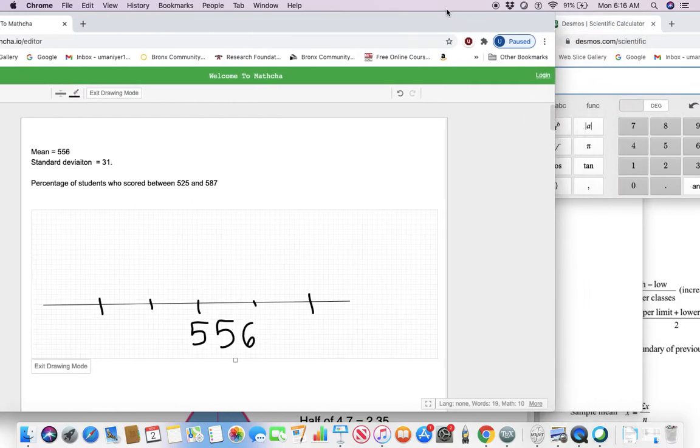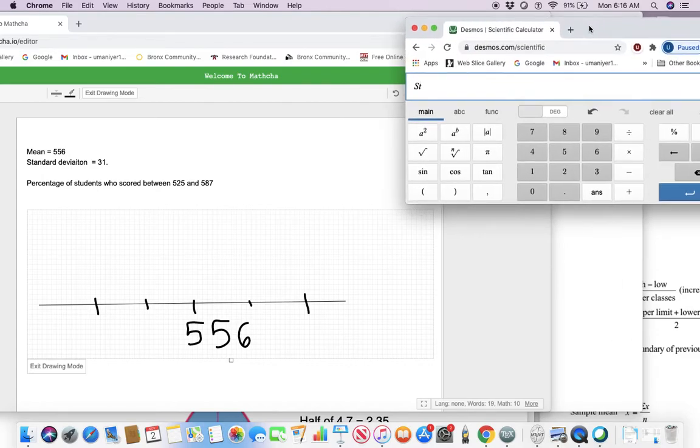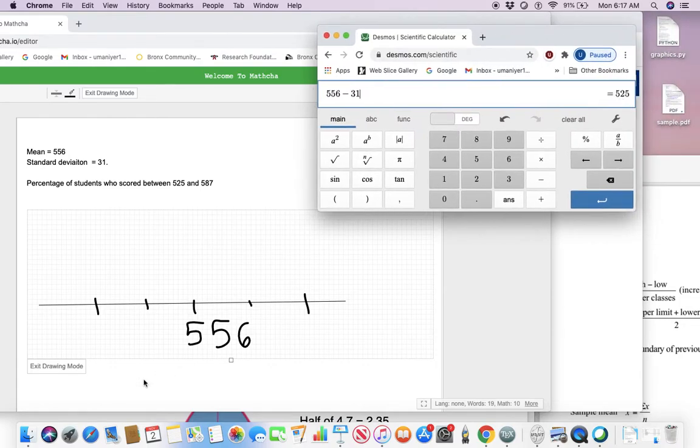Notice, if I look at the mean minus the standard deviation, I get 525.